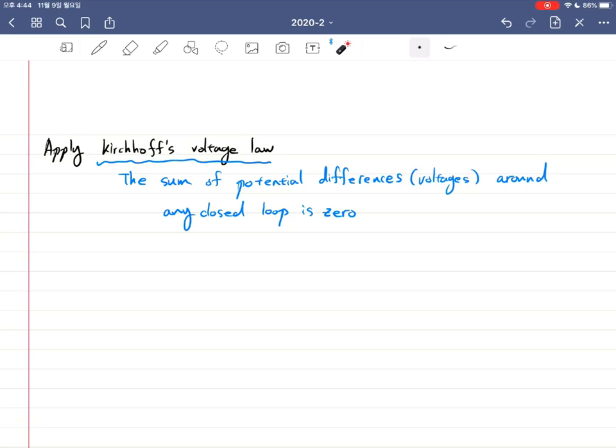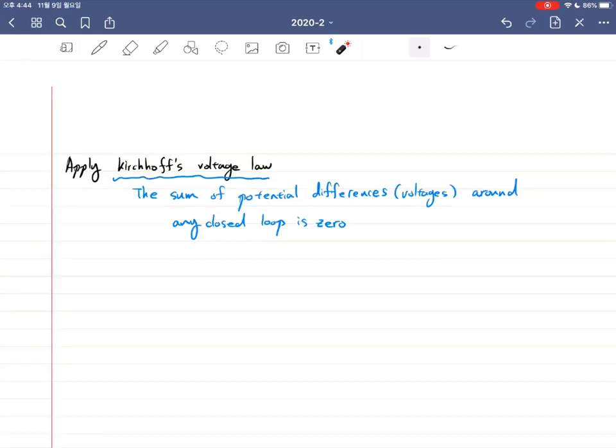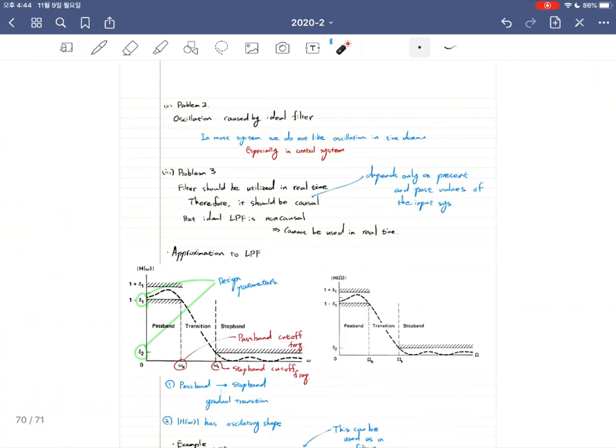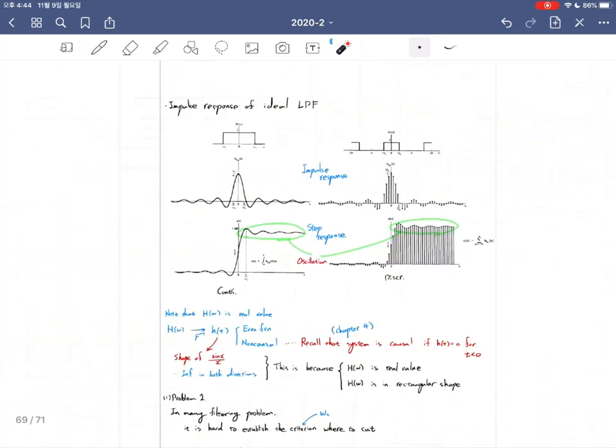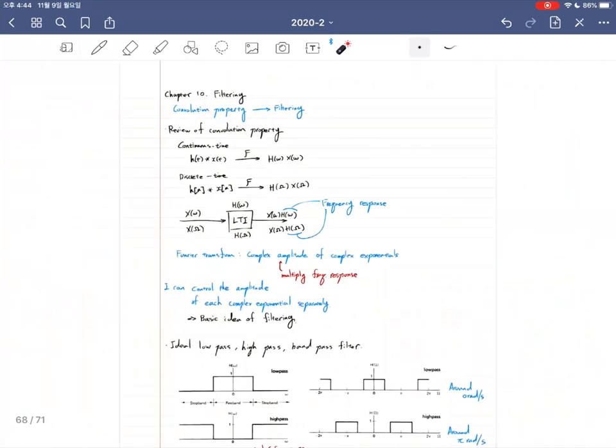I'm not able to finish this example because we ran out of time, so I think we will stop for today.